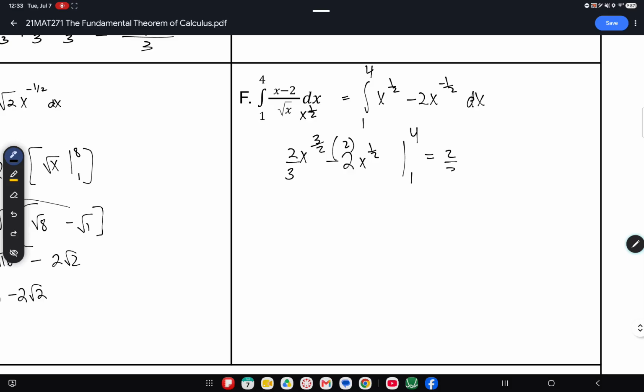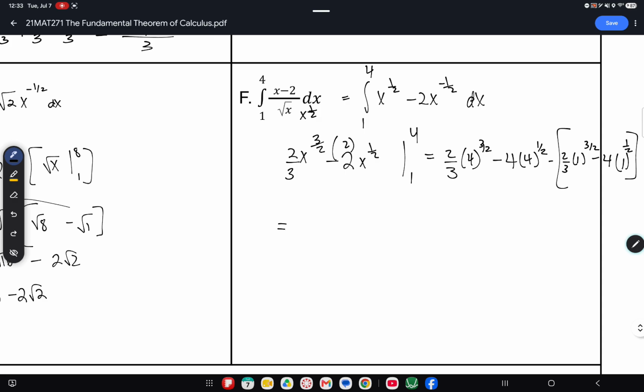So we have 2/3, and then 4 to the 3/2, minus 4 times 4 to the 1/2, minus if I substitute in 1. So 2/3, 1 to the 3/2, minus 4 times 1 to the 1/2.